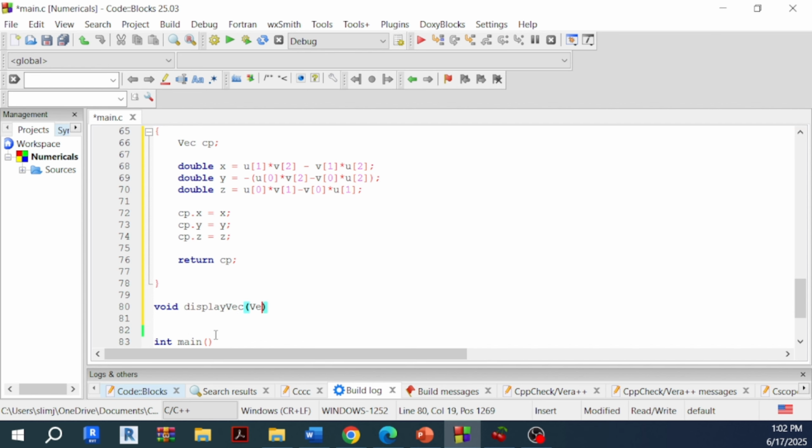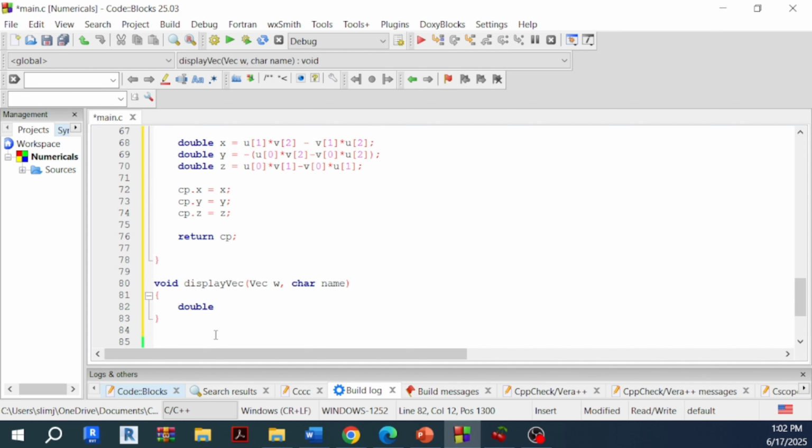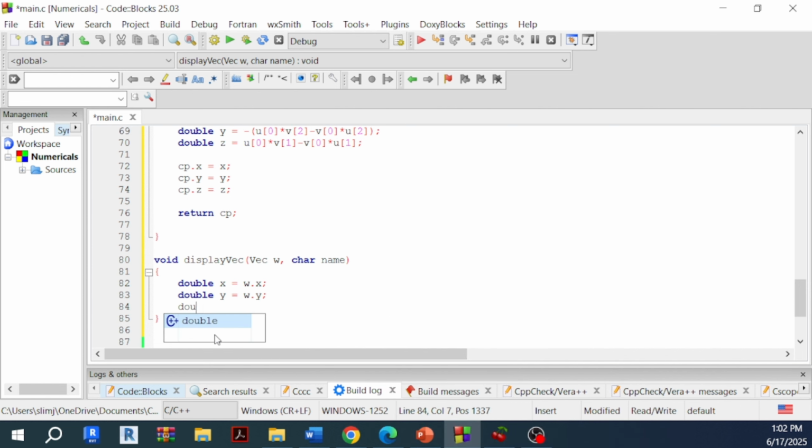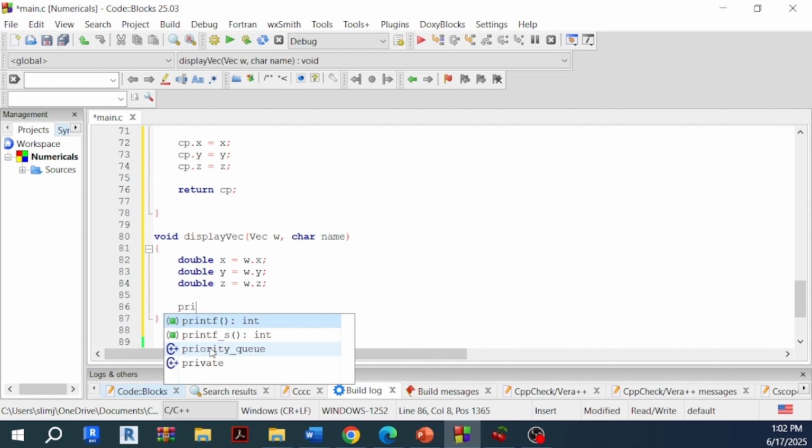It will take a vector w, and the name for the vector would also be an input so that we can change it. Double x is equal to w dot x, double y equal w dot y, double z equal w dot z, and let's print it.